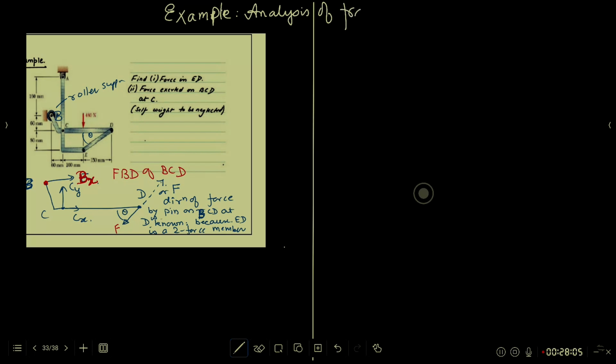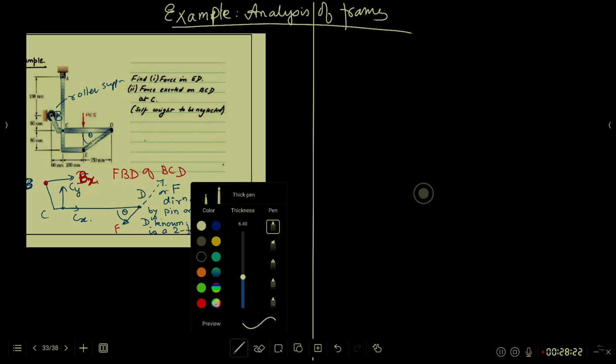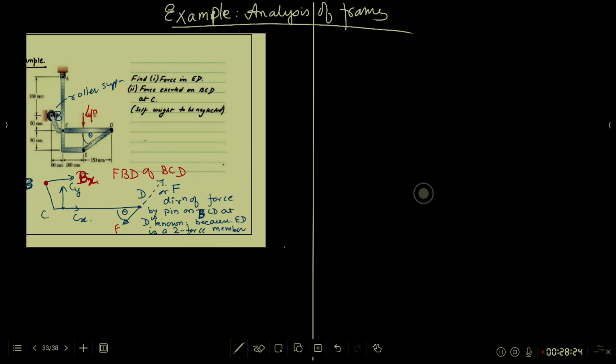The purpose of this frame is to be able to withstand this load of 480 newtons. This may be holding a balcony or a platform or a dais, something like that. There are two supports. One is the pin joint here, the other is a roller support.